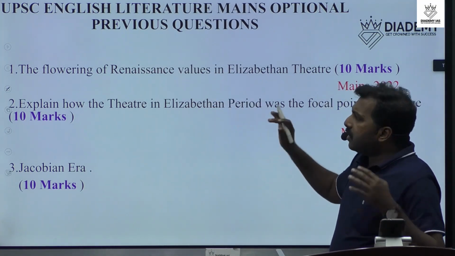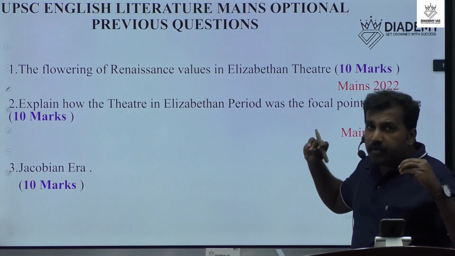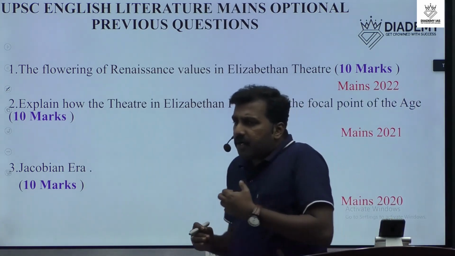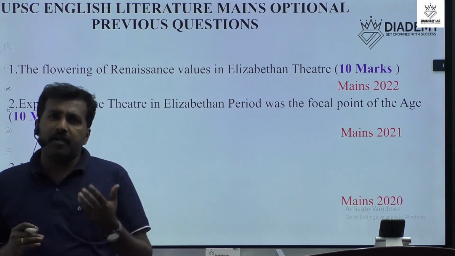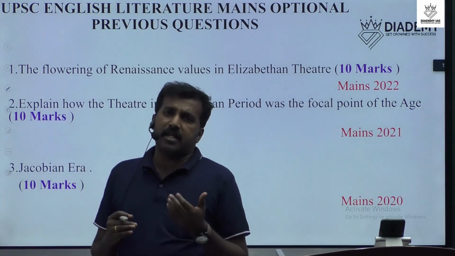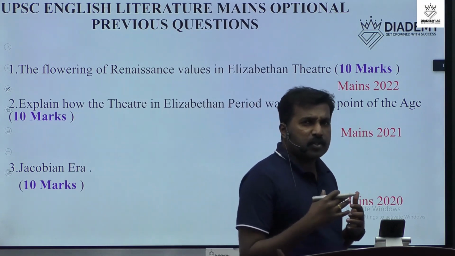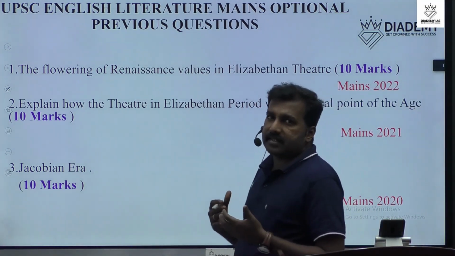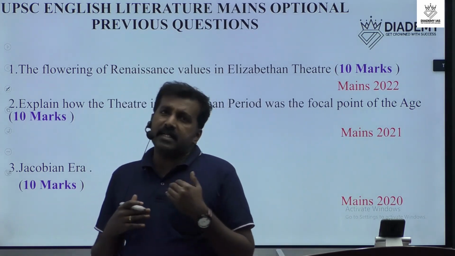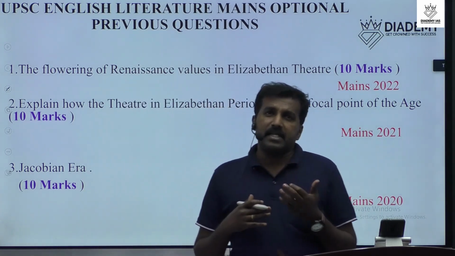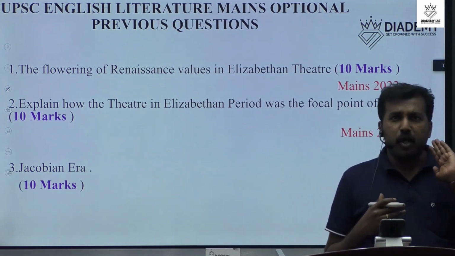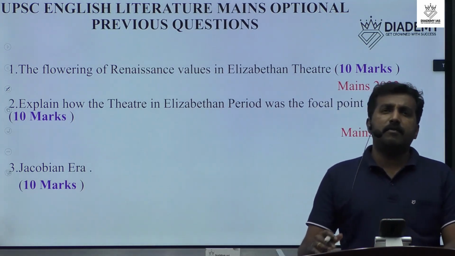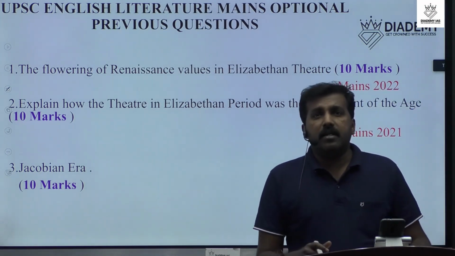Okay, so now you can understand how UPSC asks questions from each topic. In our optional class, whenever we start the optional class, we also provide this type of question. When we complete a session or a topic, we go through the previous question papers and start writing the answer.